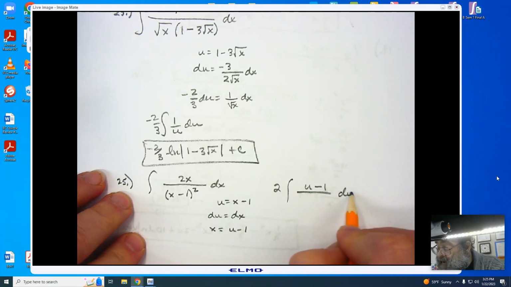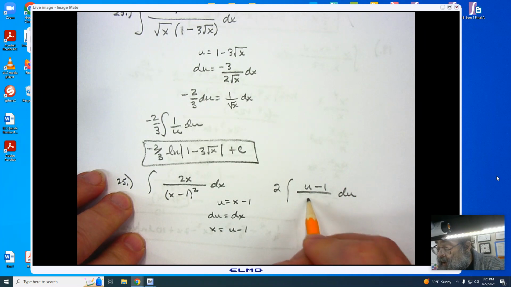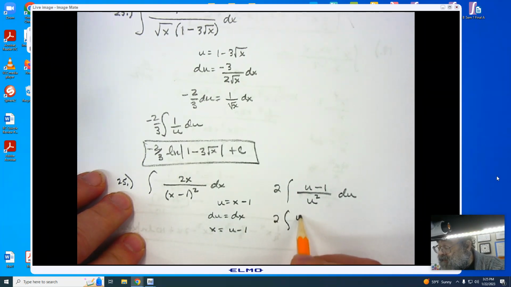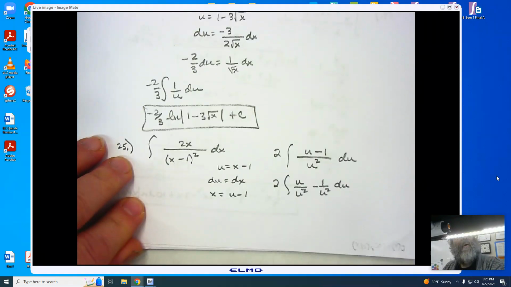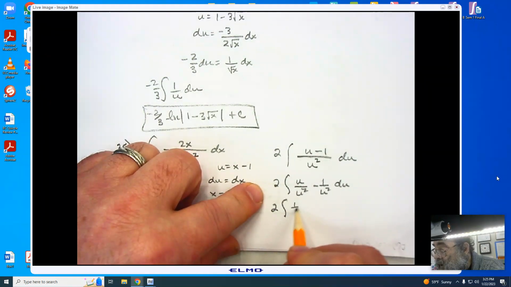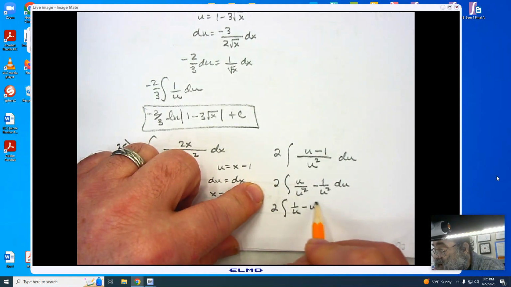I'm going to change this so that I now have a 2 and a u plus 1. I know I have du back here, and I know I have a u squared here. Alrighty, let's simplify it. That means that I have u over u squared plus 1 over u squared du. See how it worked out? This is simply 2, the integration 1 over u plus u to the negative second du.